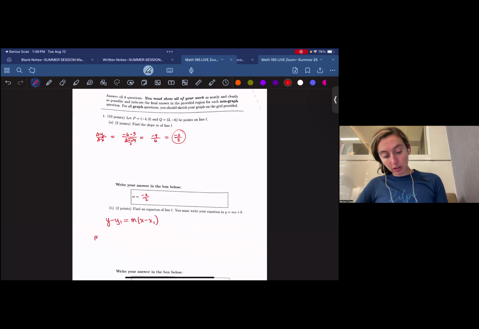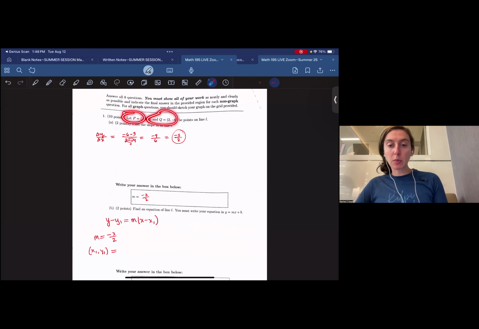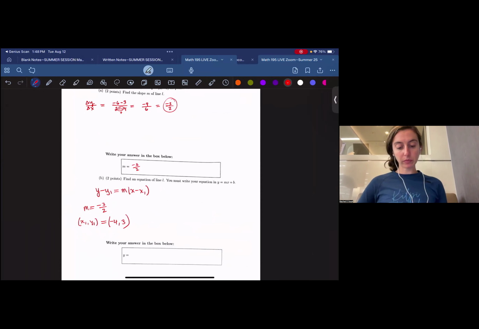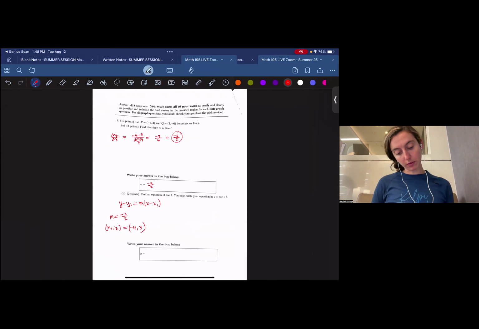We already calculated our slope to be -3/2. Our point (x1, y1) is either of these points since both of them lie on the line. So why don't we just use P, which is (-4, 3). And now we just plug in to solve.